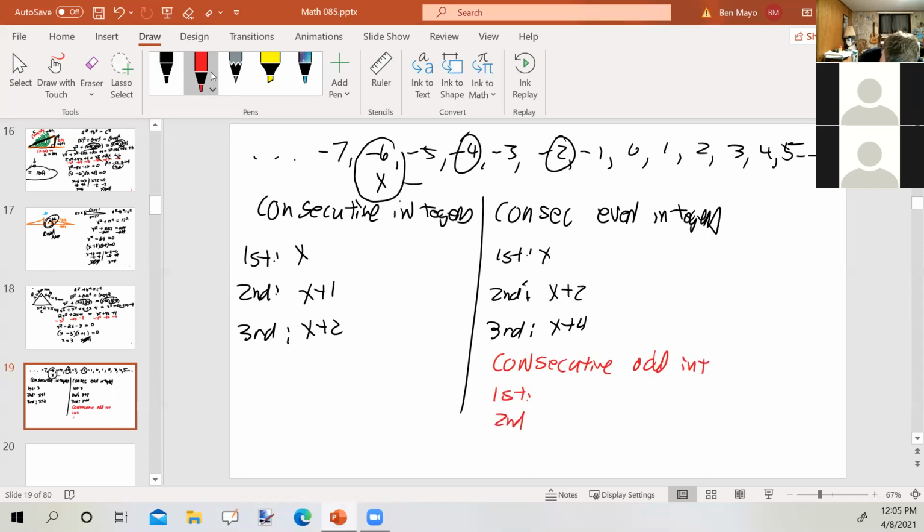First, second, third. How about this one? Let's say we call that x. What would the next consecutive odd integer be? It would also be x plus 2, and the next one x plus 4. So if this is x, because consecutive odds go up by 2s, just like consecutive evens go up by 2s. Somebody gets confused and says, well, how can x plus 2 be odd when 2 is even? But if you have an odd number x plus 2, you still have an odd number. So if this is odd, these will all be odd, the next consecutive odds. Any question about that information?